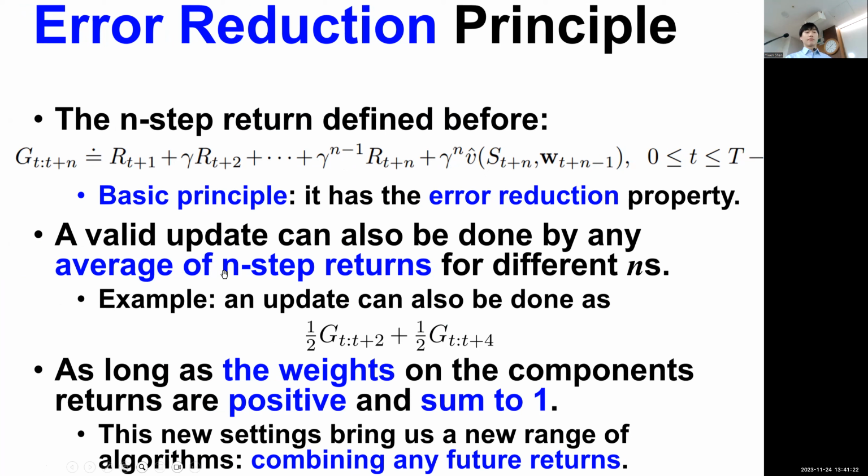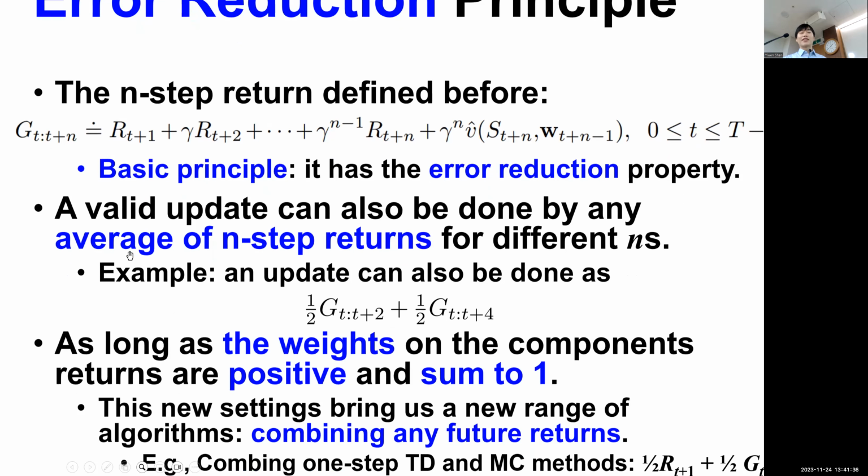Now a valid update can also be done by what we call an average of n-step returns for different n. When you look at this description, it's a little bit abstract.